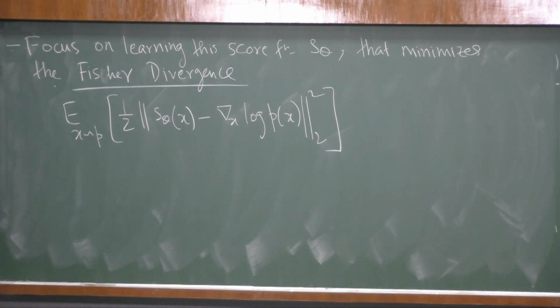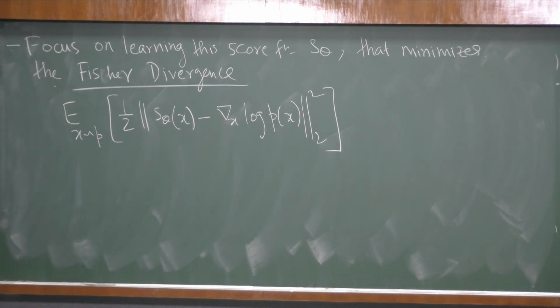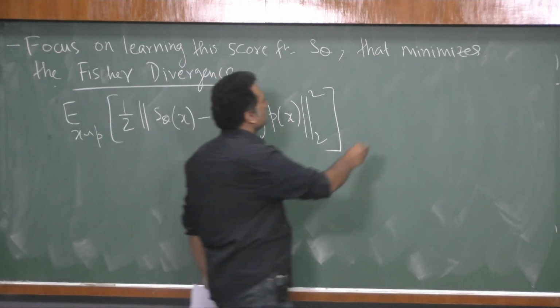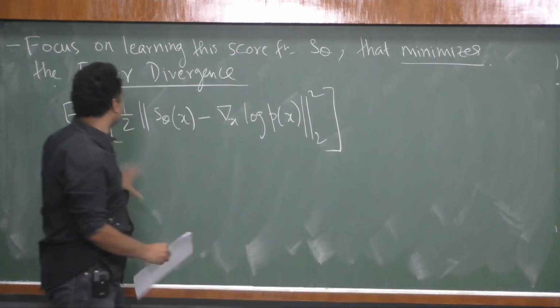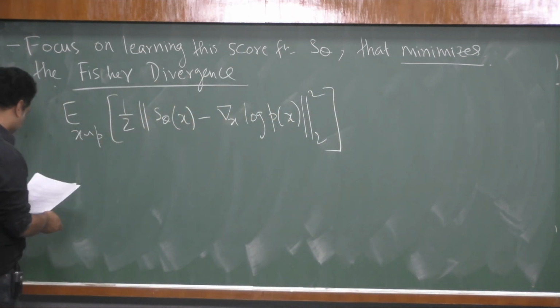We want to learn s theta, and to learn something we first need to know what to minimize or maximize. If we minimize this, we will say that we have learned theta. I encoded the minimization problem in words, but I could have written minimize over theta for this guy.